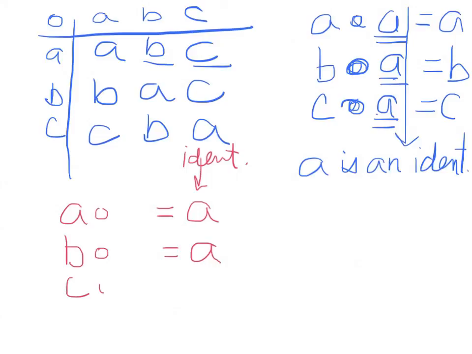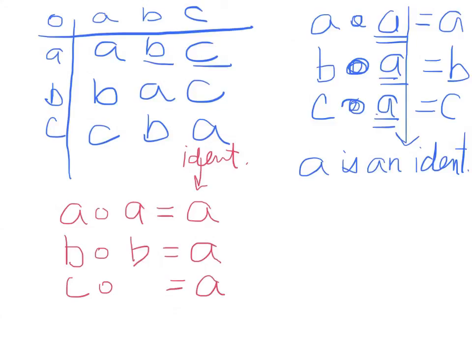And then C operated with something, I also want to end up with A. So when I look at this, I can see that A operated with A gives me A. I can see that B operated with B will give me A, and C operated with C gives me A.